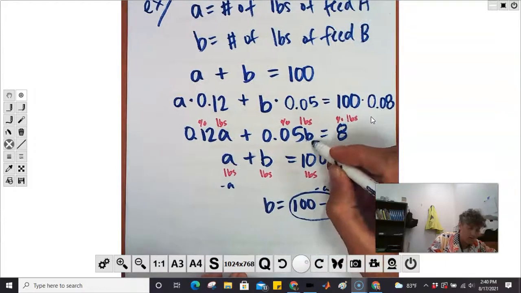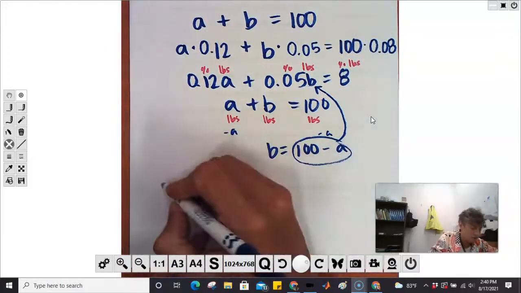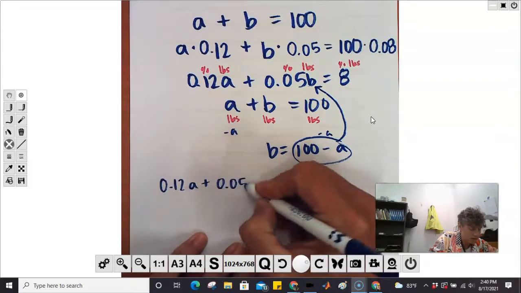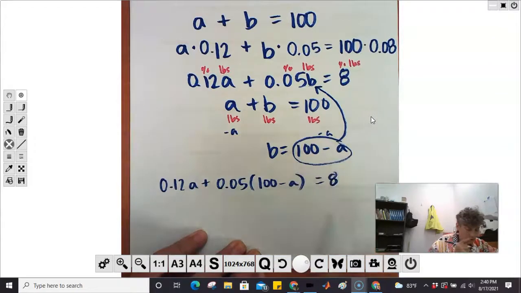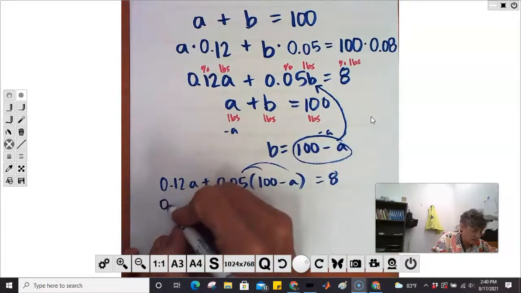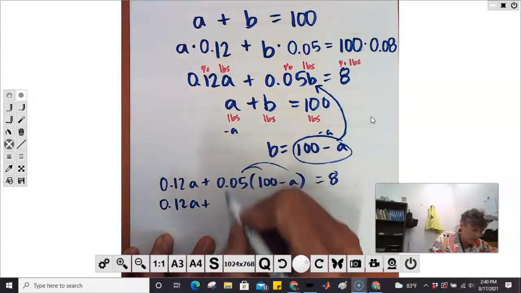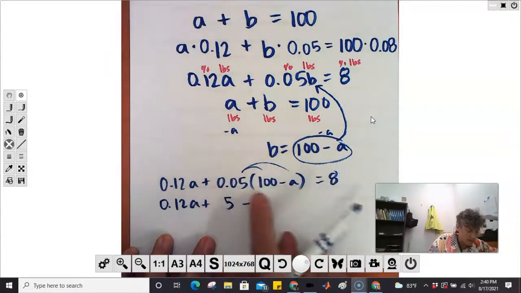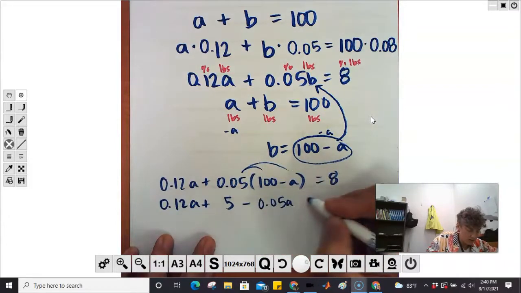So I'll have 0.12a plus 0.05 times (100 minus a) is equal to 8. I need to multiply through. So 0.12a plus 0.05 times 100, I can do that. That's going to be 5 minus 0.05a should equal 8.